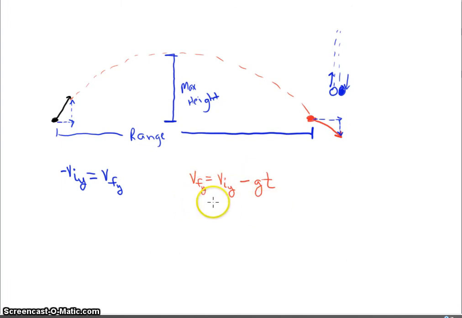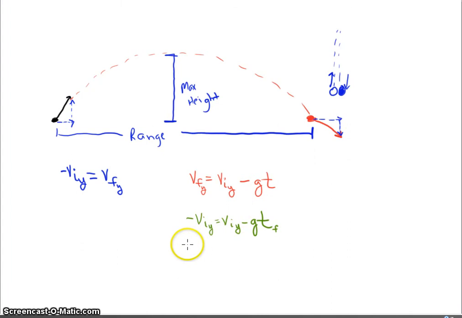Now, I can say that the final velocity in the y direction is the opposite of the initial velocity in the y direction. So then I can rewrite this and say that negative v_iy is equal to v_iy minus the acceleration due to gravity times the time of flight, how long this object is in the air. Okay?